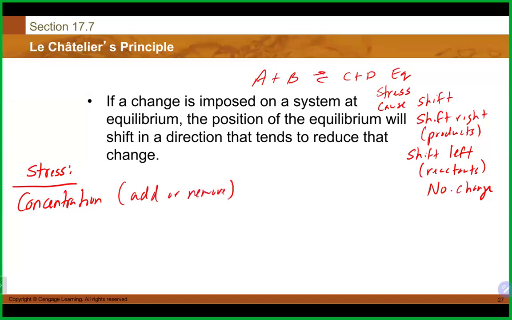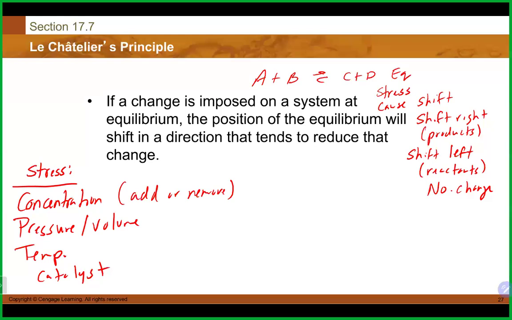If you're dealing with gases, pressure and volume is something you could change. Temperature is another one, and a catalyst. These are several things you can do to a system at equilibrium that may cause it to shift one way or the other to get back to the equilibrium position.